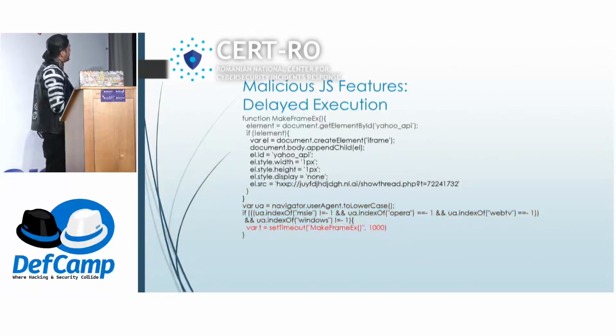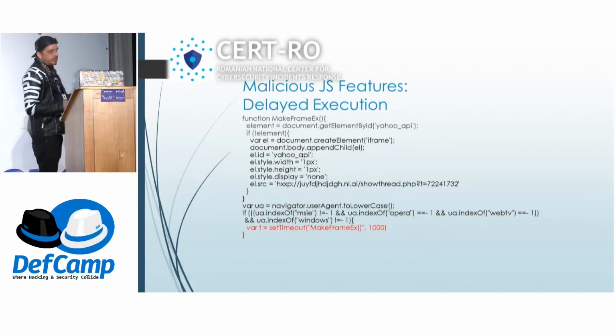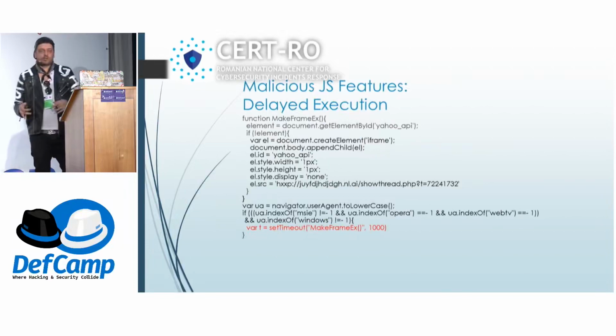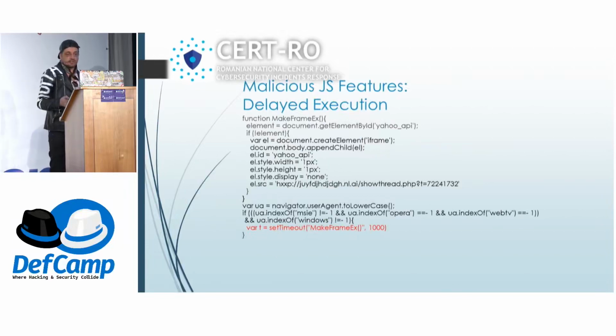Here we have the delayed execution method I was mentioning earlier. You see, they create a function that gets executed after 1 second, so that maybe to deter the analysis by sandboxes, they decided to execute after 1 second.